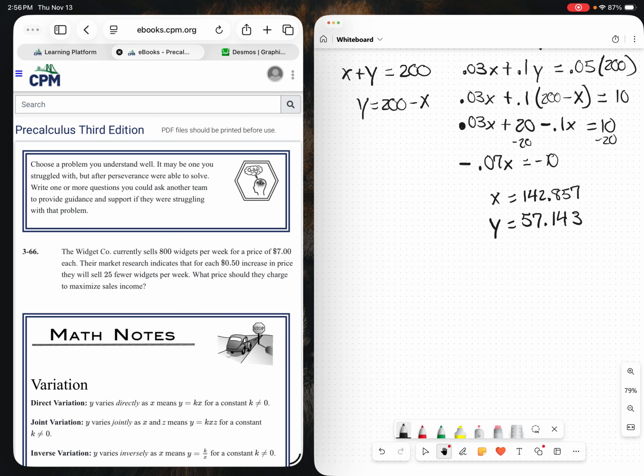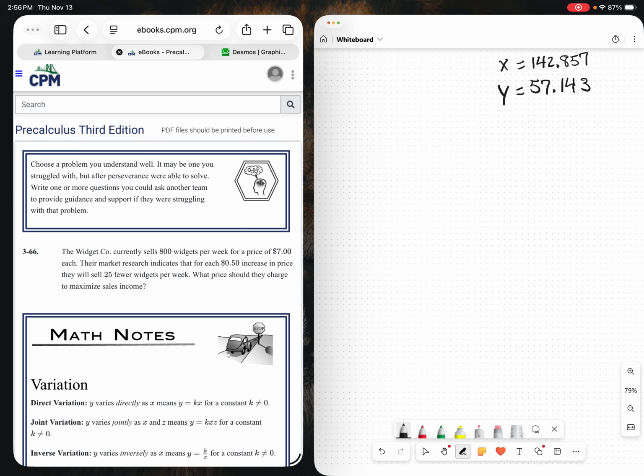All right. The next one here is 66. We have a widget company. We have 800 widgets selling for $7 each. Okay, and they want to know if we increase the price 50 cents per week, however many times we do that, we will lose 25 widget sales each time we do that.